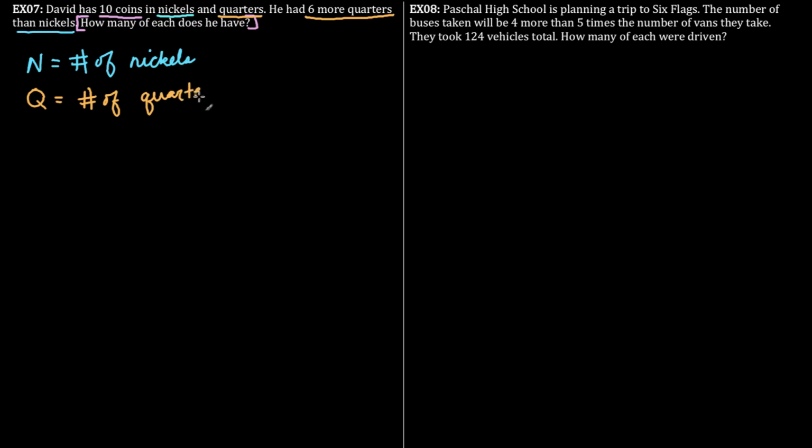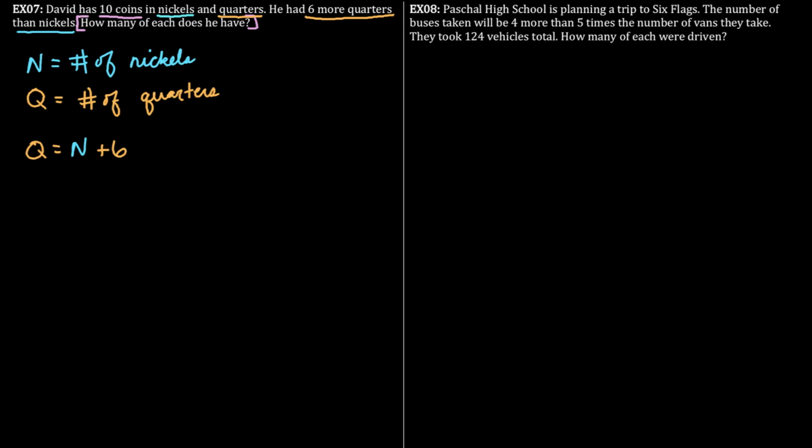Okay, so it says that he has 6 more quarters than nickels. So the number of quarters equals 6 more than the number of nickels. And it says he has 10 coins in nickels and quarters.